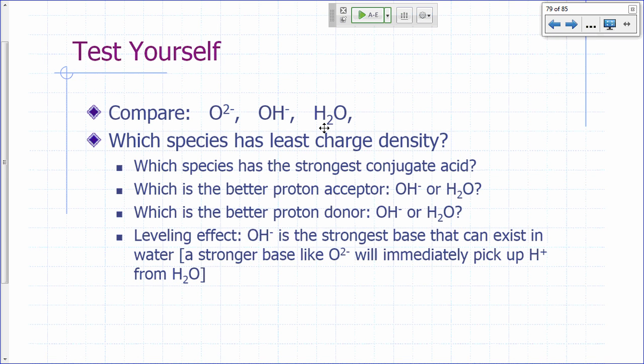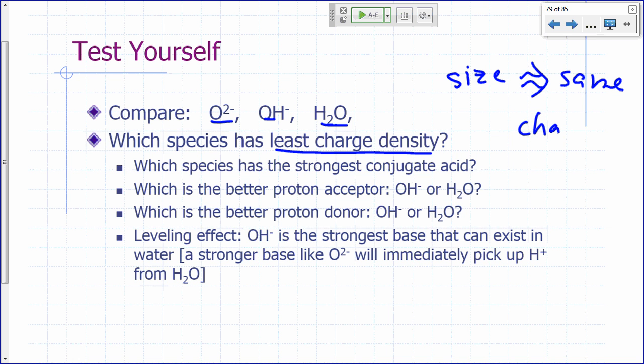Okay, let's look at oxide, hydroxide, and water. Which of these has the least charge density? The more dispersed charge. If you look at these, hydrogen doesn't really make much difference in terms of size, so the sizes are almost the same. Which one has the most charge density?